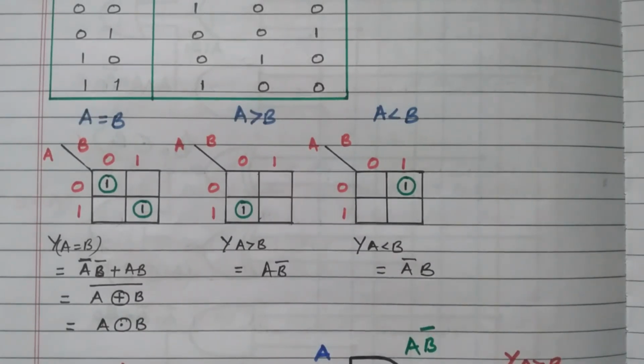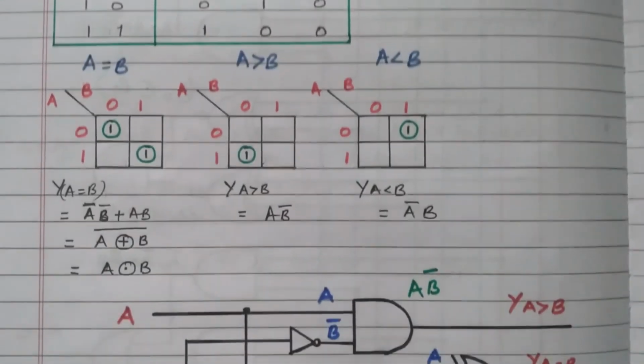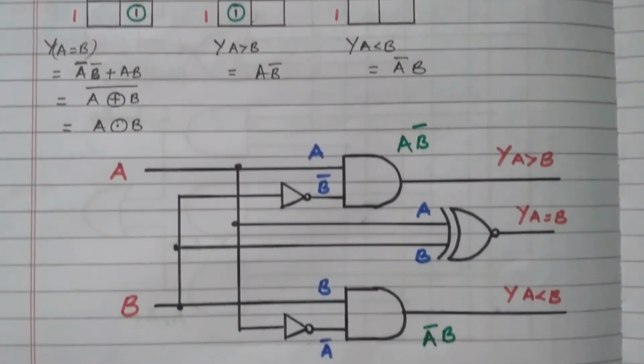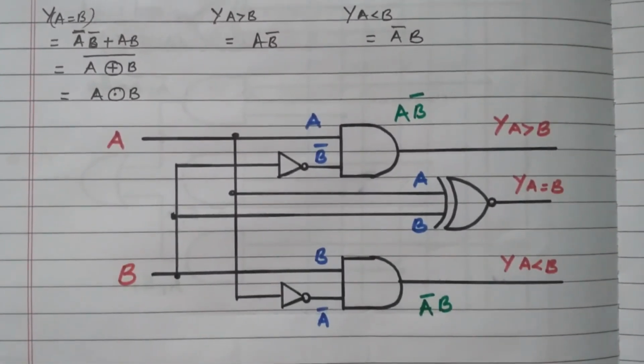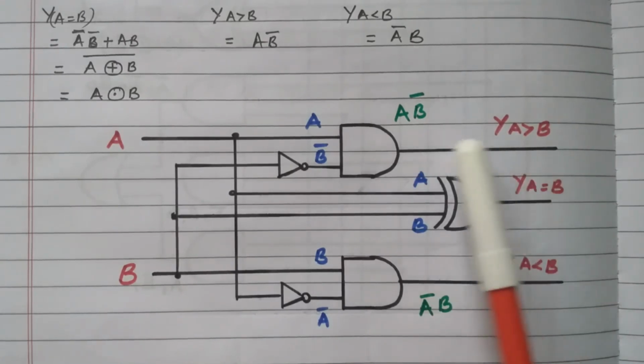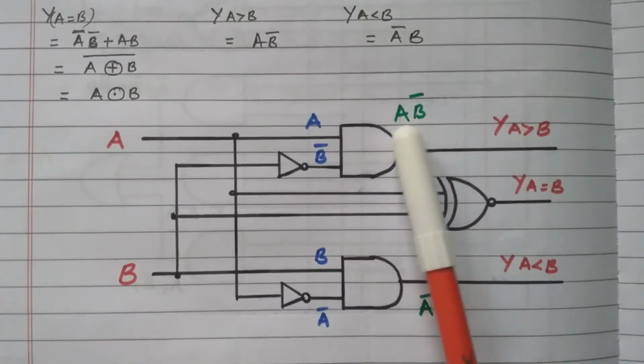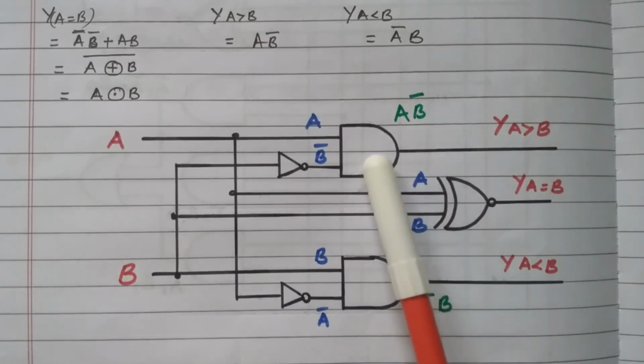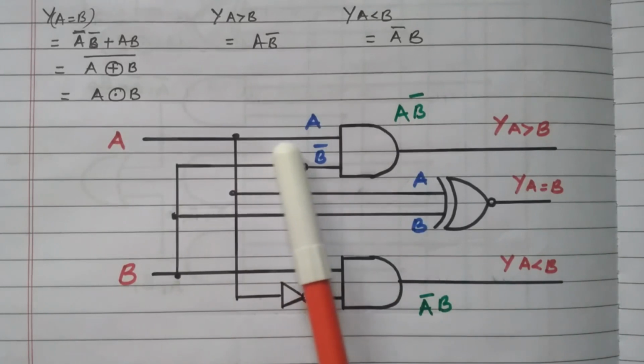Now we can implement this with the logic gates. Here the logic gate diagram is available, with the two inputs A and B. For A greater than B, what we need is A and B bar, so we need one AND gate. A is connected directly.